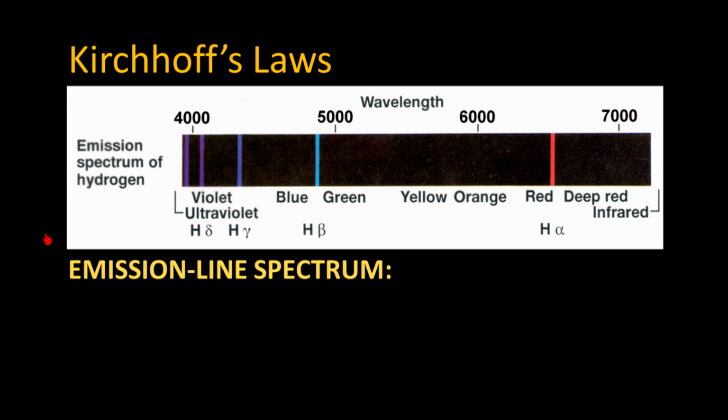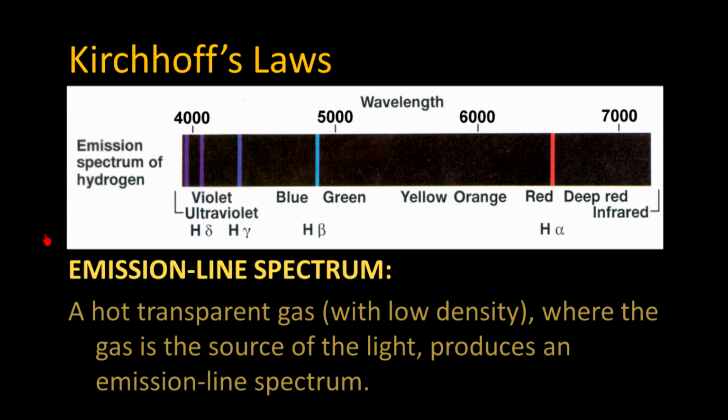Now, to produce an emission line spectrum, Kirchhoff discovered that you needed a hot, transparent gas that was low in its density. But what's critical to know is that it is a hot, transparent gas where the gas cloud is the source of the light. So the gas itself is the source of the light. Then what you get is an emission line spectrum.